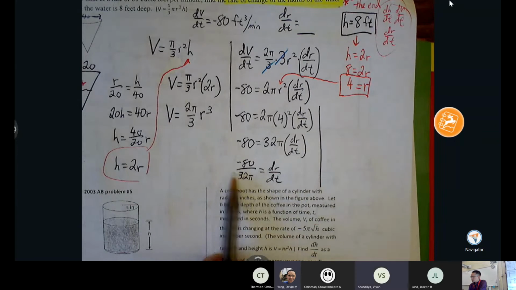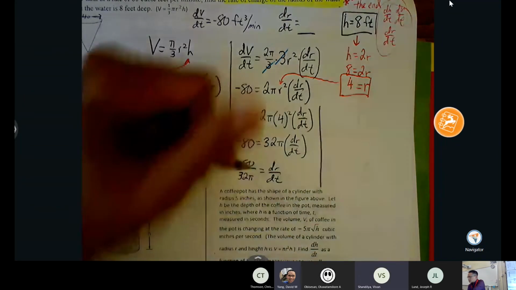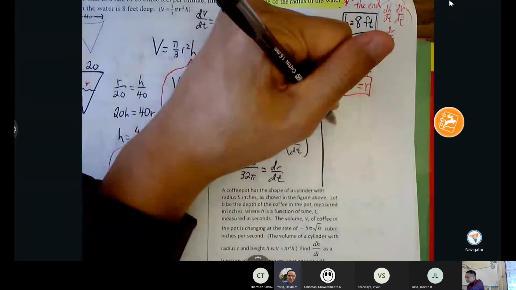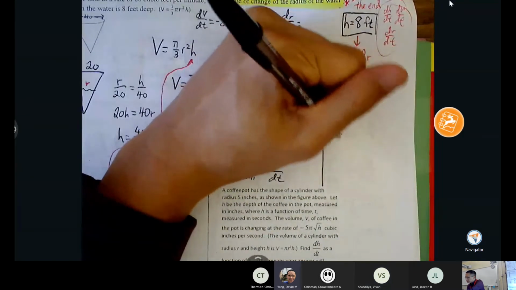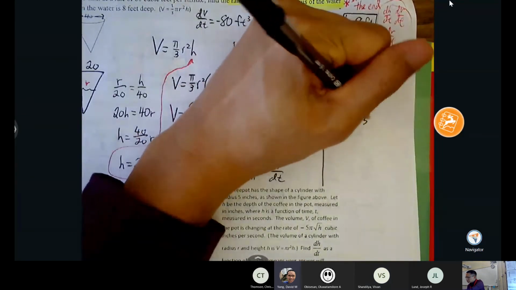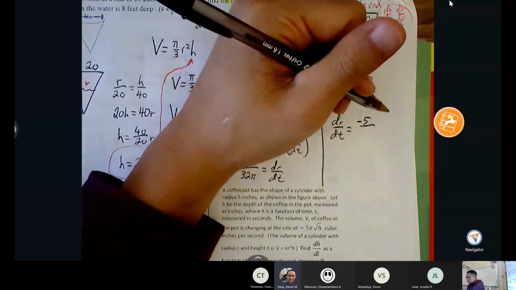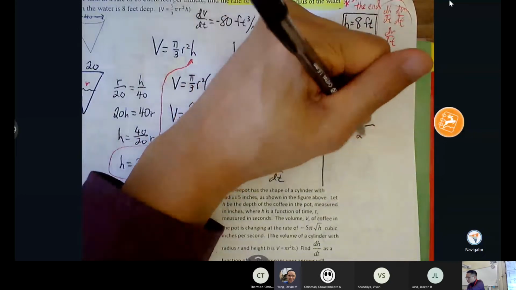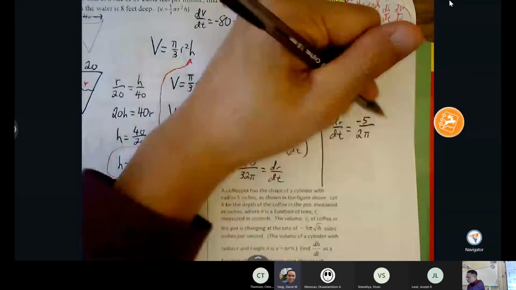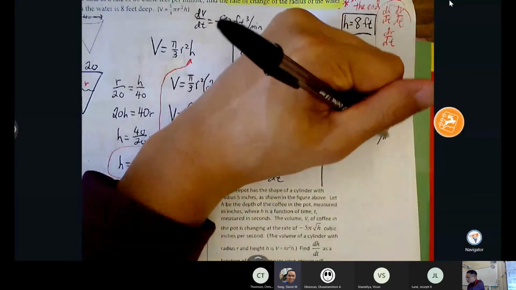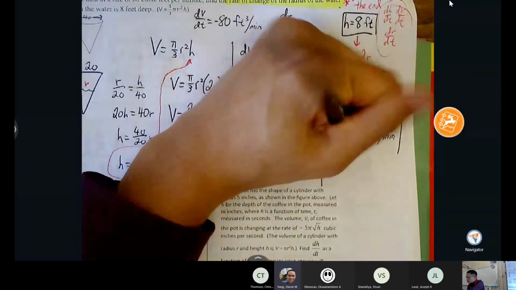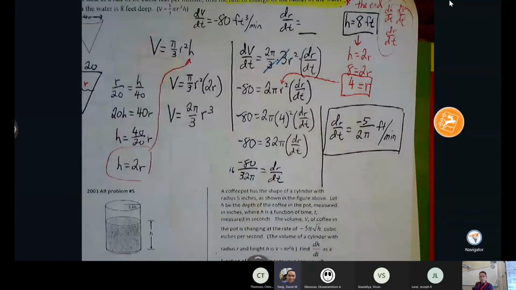You can take 8. Or actually higher. You can take 16, yeah. I can take 16, right? Notice pi stays in the denominator, okay? We don't move it up.